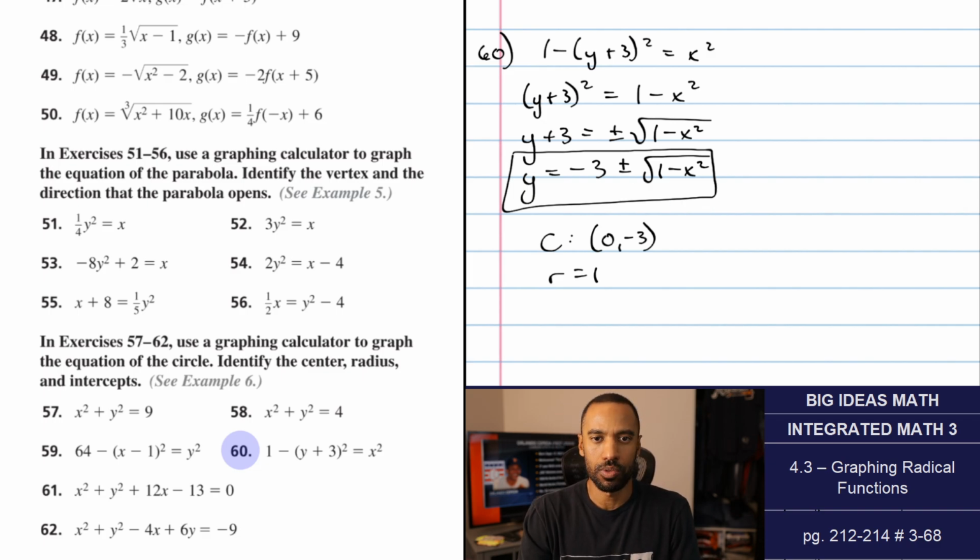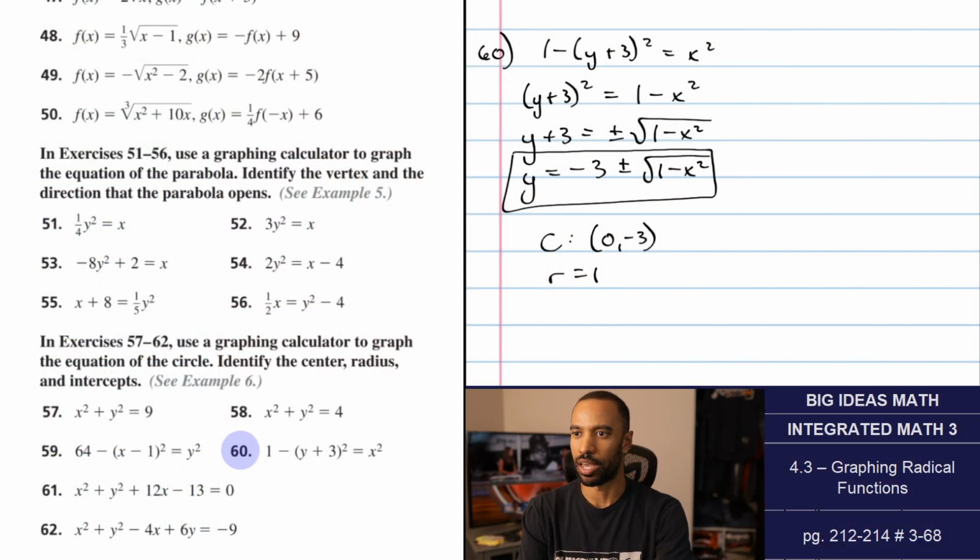So when I go to the graphing calculator, I am going to reset my window range to my preferred one. It's the only one that seems to give me circles that complete themselves. And I need to type in those equations: negative 3 plus the square root of 1 minus x squared, and negative 3 minus the square root of 1 minus x squared.